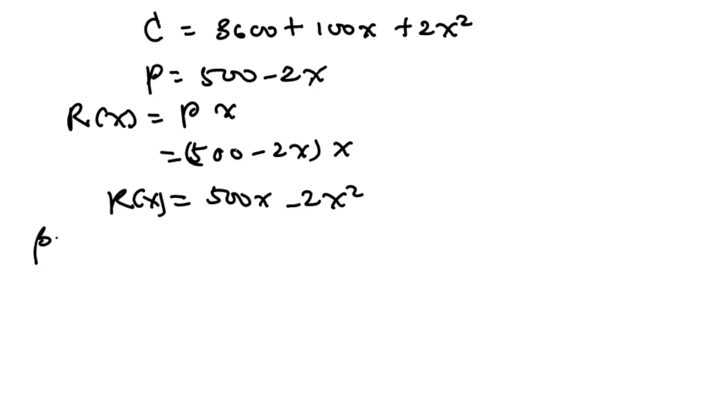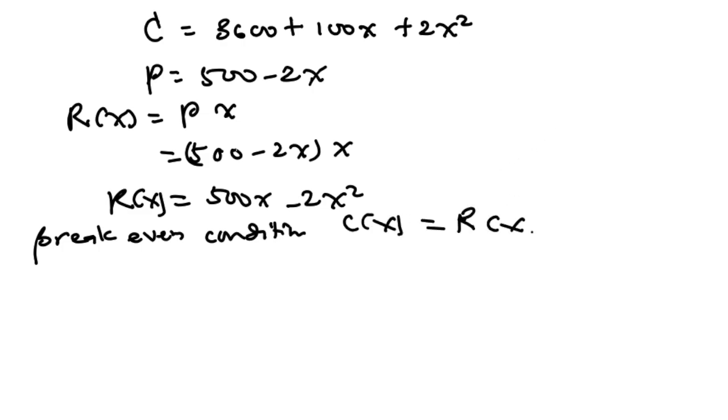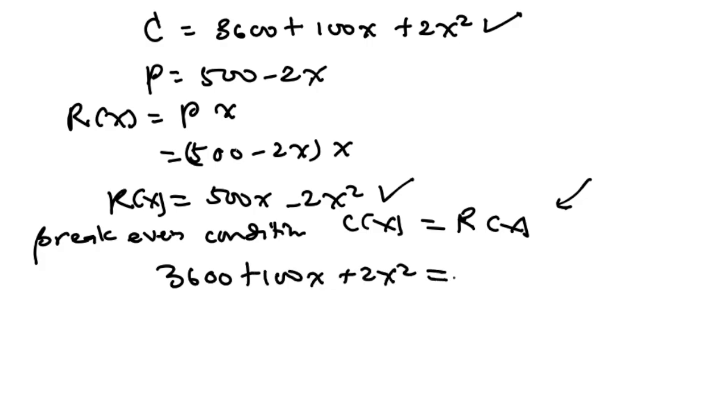We know that the break-even condition is when cost is equivalent to revenue. We have the cost function, which is here, and the revenue function, which is here. We substitute them back into this break-even condition. So 3,600 plus 100x plus 2x squared equals 500 minus 2x squared.